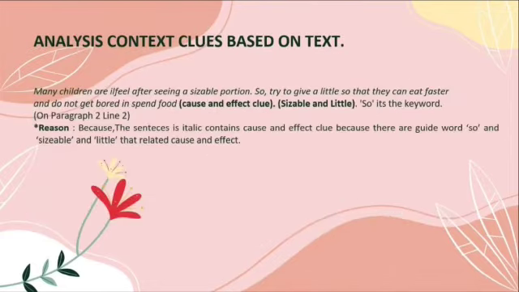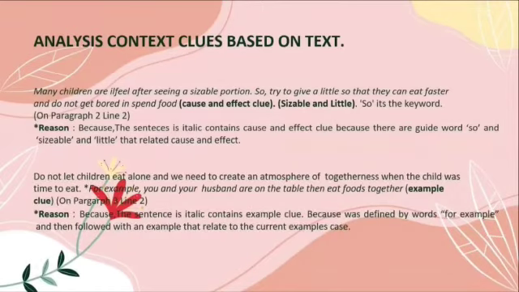The third sentence contains a cause and effect clue because there are the guide word "so" and the words sizable and little that relate to cause and effect. Do not let children eat alone, and we need to create an atmosphere of togetherness when the child is time to eat.